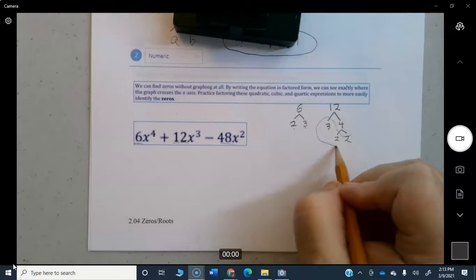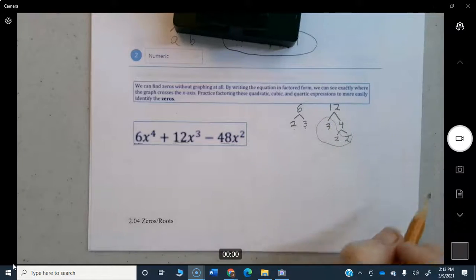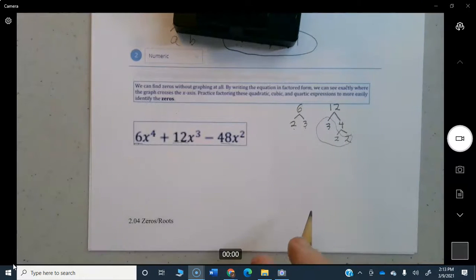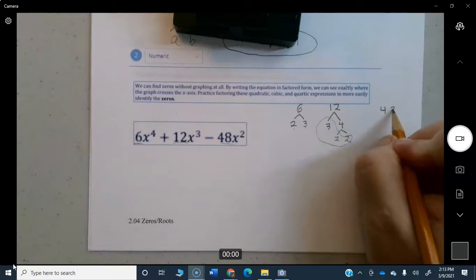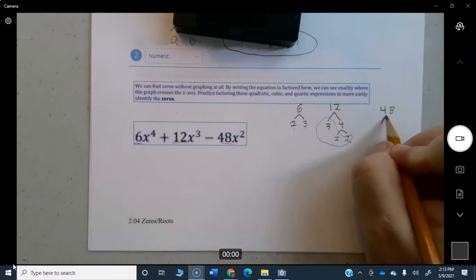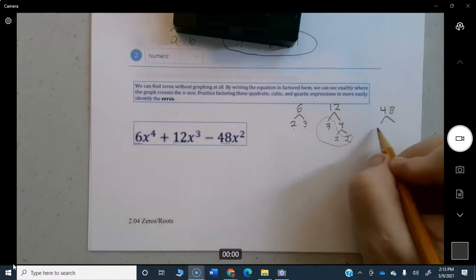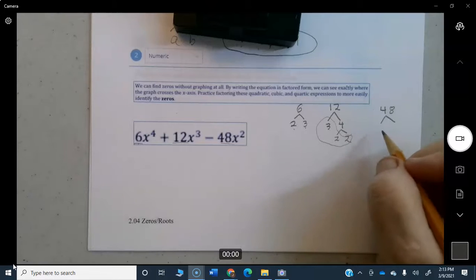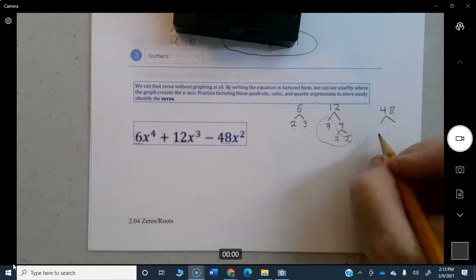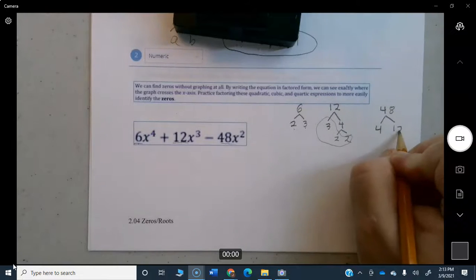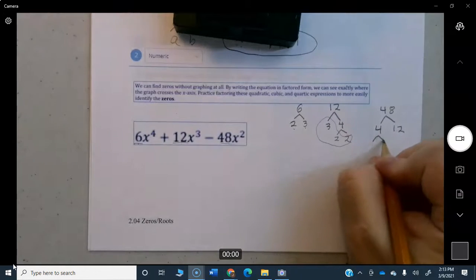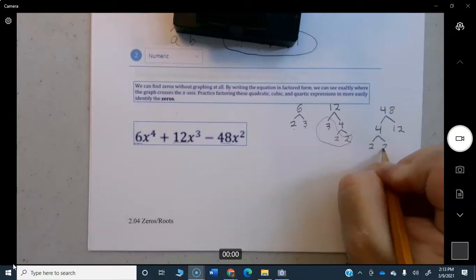So these are all the prime factors, meaning they're factors that are prime numbers, for 12. 48 is going to be a little busier here. 48 can factor into, you can pick any two numbers that multiply to 48, and there's several options for that. I'm just going to go ahead and pick 4 times 12. 4 can factor into 2 times 2.